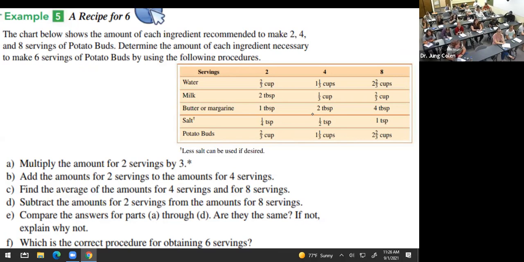Everybody set to work using any of the ideas that we have talked about. Find the measurement for each of the ingredients. Okay? Just choose one of the strategies and find the amount. Maybe you guys already have done that. If you didn't, please do it.